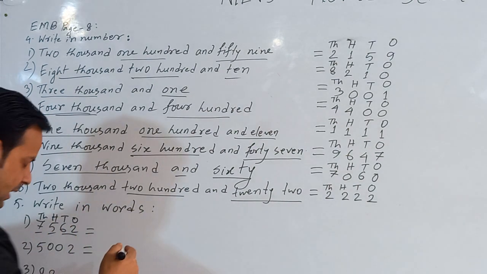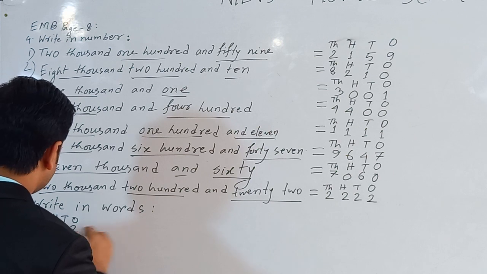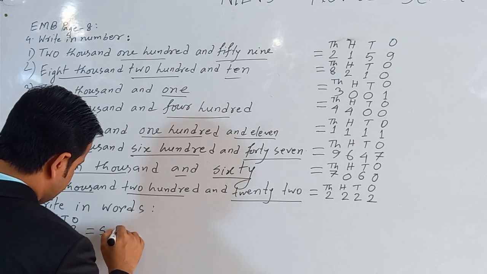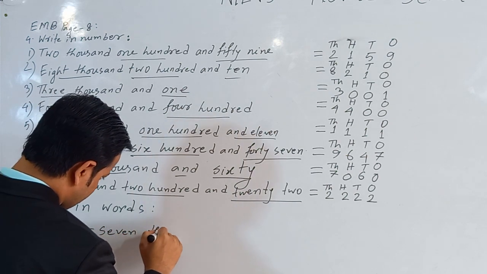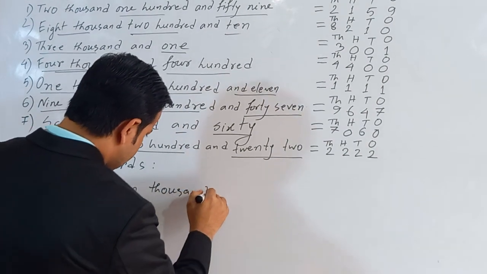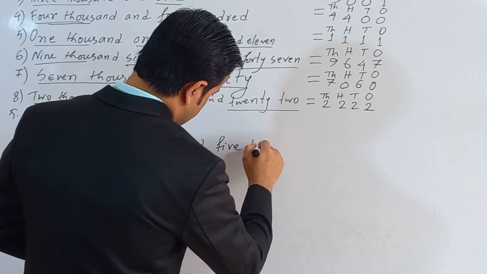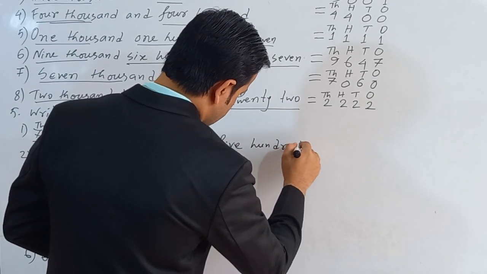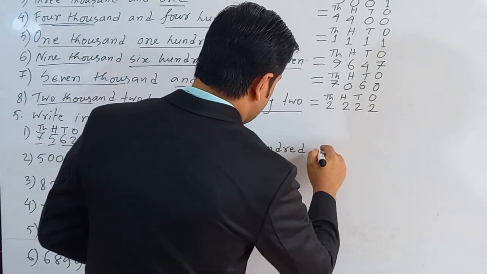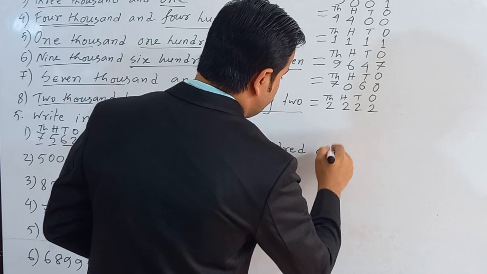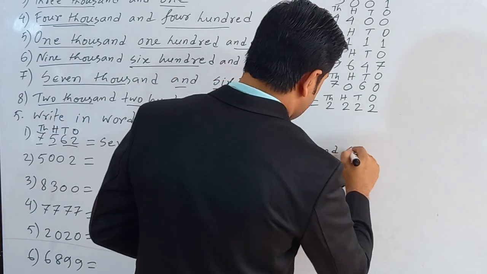So we can write this in words: 7,562 and 62, or you can write directly 62.